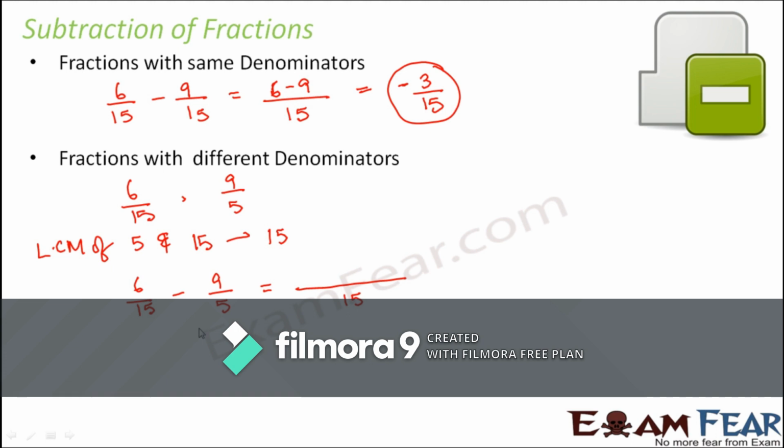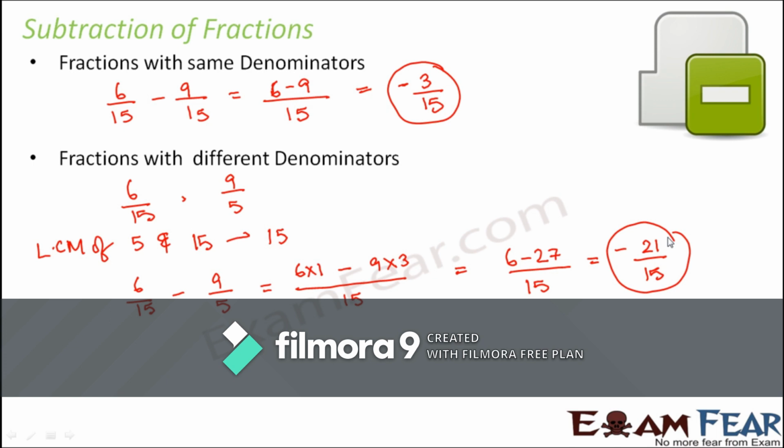Now 15 into 1 is 15, therefore 6 into 1 minus, since 5 into 3 is 15, 9 into 3. So this would be 6 minus 27 divided by 15. So this would be equal to minus 21 divided by 15. So this is the result of subtraction.